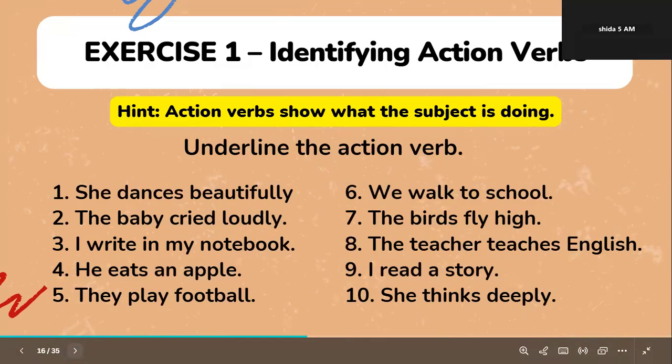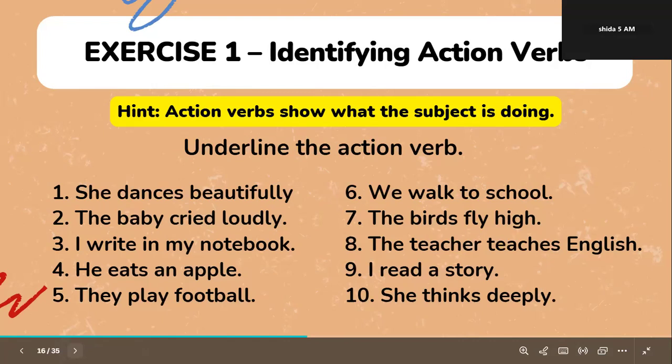Okay, let's do some fun exercises. So, the first one is identifying action verbs. Can you see a hint is given? Yeah, action verbs show what the subject is doing. This is the hint to identify action verbs in these questions.